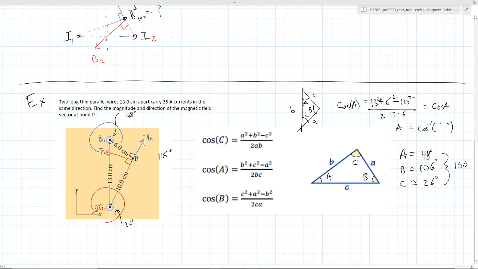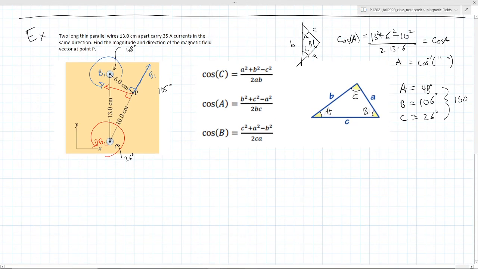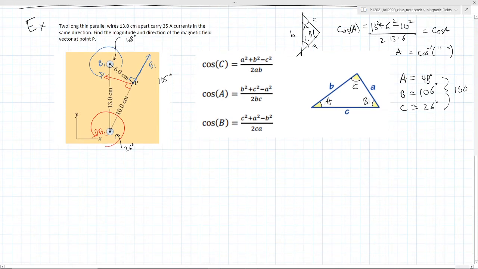Really, B1 is larger than B2 at this point because it's closer, so our vector should be longer to reflect that. Okay, so now we qualitatively have a picture of what we're going to do. We need to add those components together. Let's start cataloging the magnitude and the pieces that we'll need.